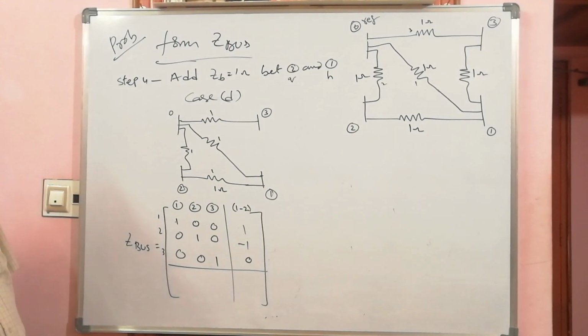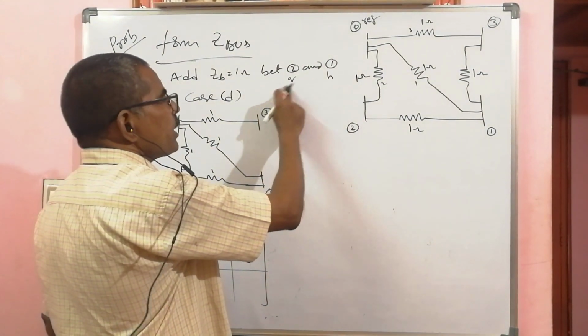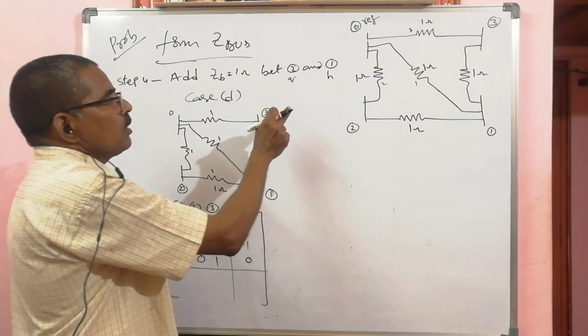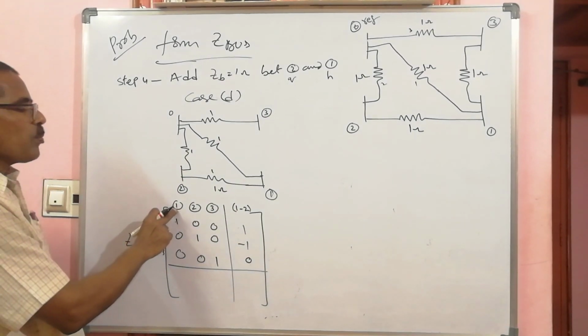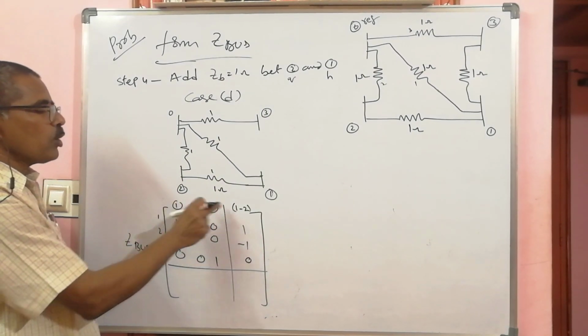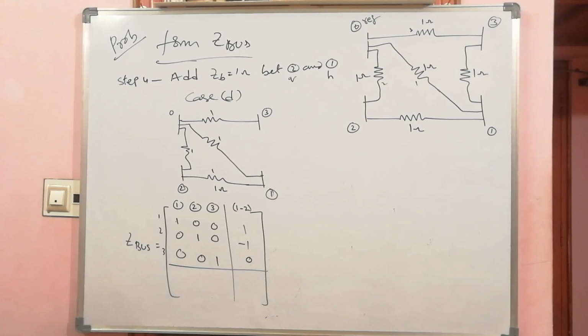Okay. So here Q and H, or H and Q, whatever it is. So this minus this. Between 1 and 2 you are adding, so 1 minus 2.